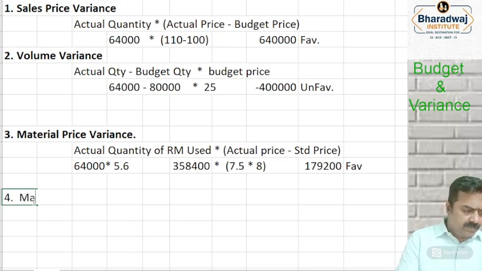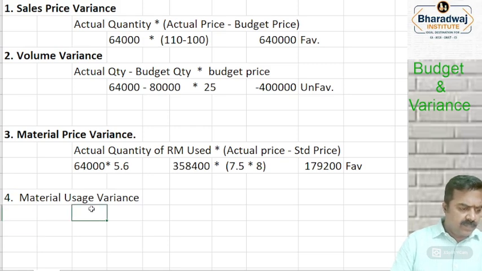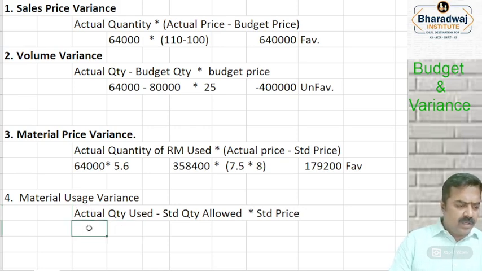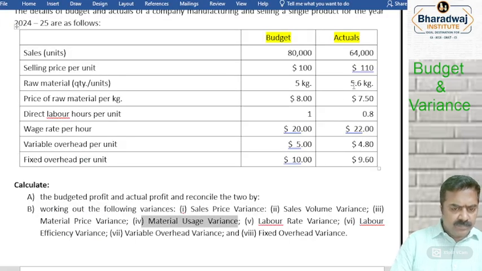Simple. Actual quantity used minus standard quantity allowed, or standard quantity to be used, into standard price. Okay, what is actual quantity used? 64,000 into 5.6.